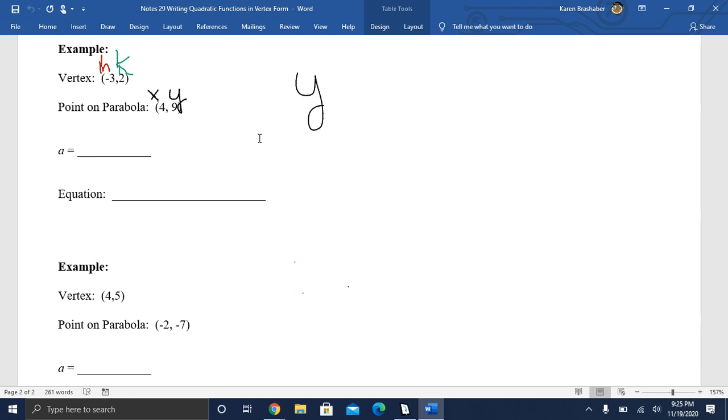It's y equals a, and then x. And we've tried to leave it open, so I'm going to go ahead and put plus or minus h squared, and then plus or minus k, so that depending on the problem that you have, you'll know whether to use either the plus sign or the minus sign.